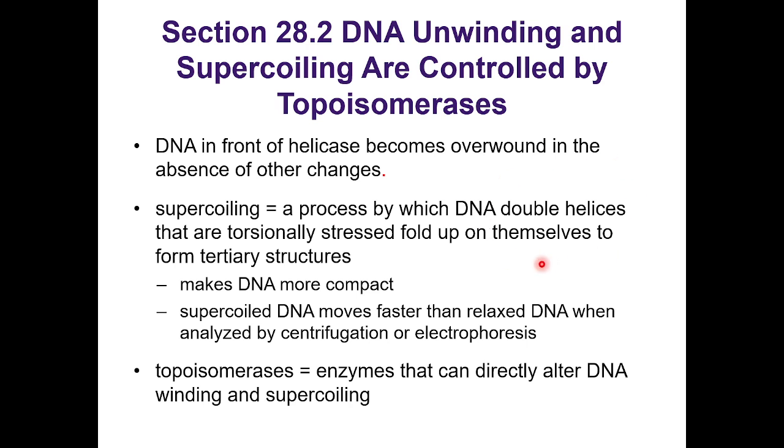I know. So again, that's that torsional strain, that torsional stress folding up on itself. This is going to form tertiary structures if nothing's done about it. It will make the DNA more compact as well, kind of like the wiring inside of a wire. It has the coiling of the wires around each other, right?